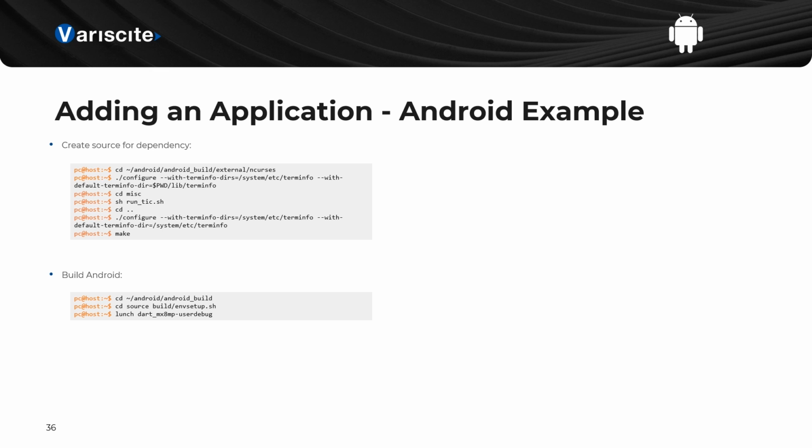After you created the Android.mk file for ncurses, you will need to generate the source codes for the terminfo that are used for ncurses and htop. And after you set everything up, you can proceed with building Android. Then after building Android, you're going to have htop and its dependencies included in the image.